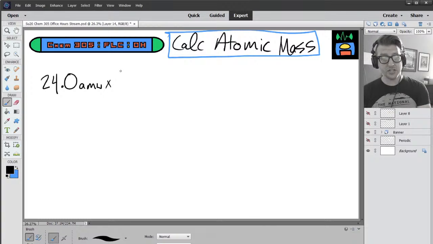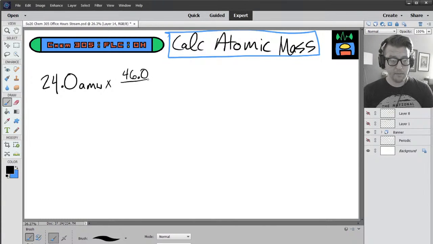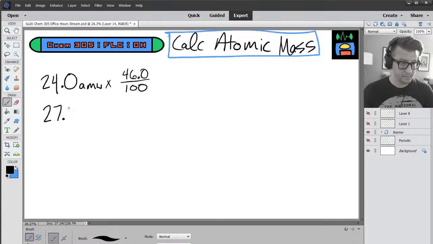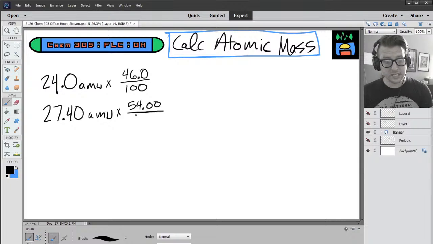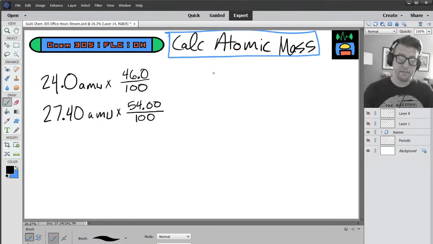The way you convert a percentage to a decimal is you divide by 100. We're going to do the exact same thing with our second isotopic mass. We take that mass and multiply by its percent abundance as a decimal. Again, to convert a percentage to a decimal, you divide by 100. Then we take these two products and add them together.